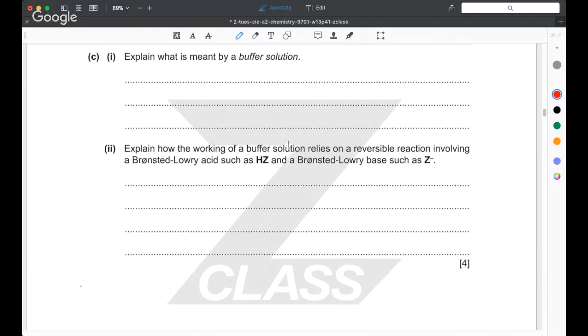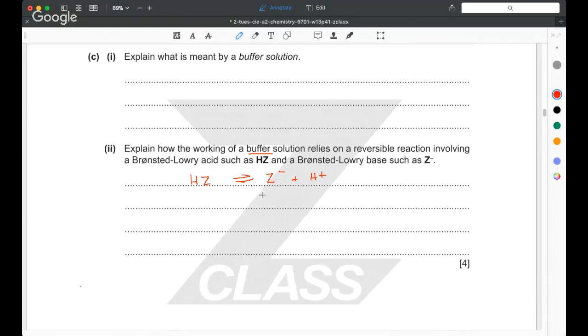So a buffer solution has a mixture of a weak acid and its conjugate base. So in a buffer solution, you typically have about the same amount of weak acid as you do its conjugate base. So you might have 0.5 of a mole of this and 0.5 of a mole of that conjugate base.